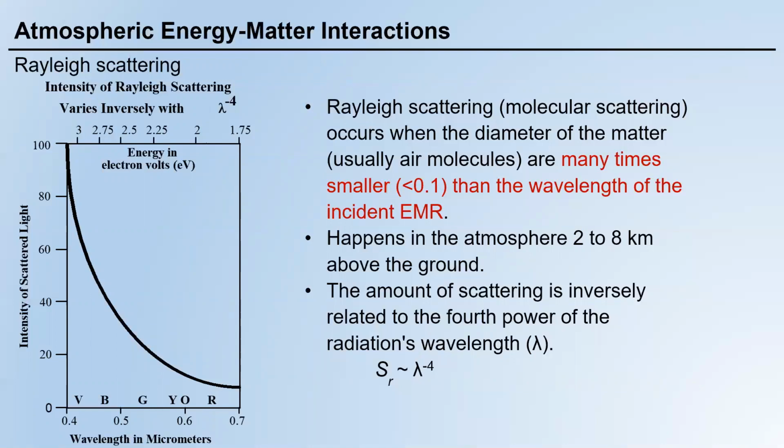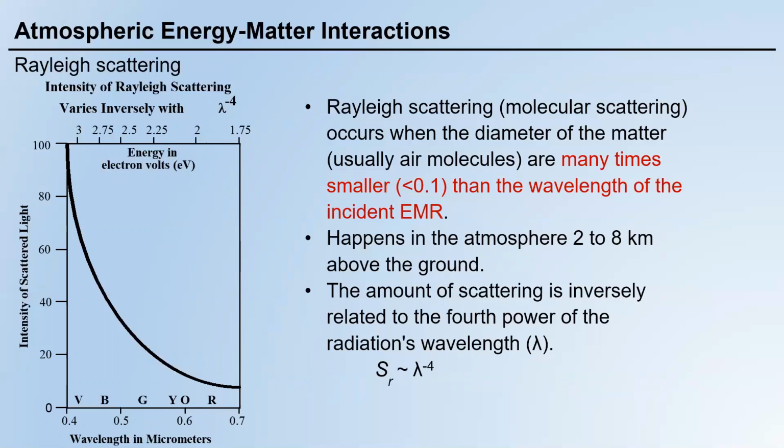The strength, or the amount of scattering, is inversely related to the fourth power of the radiation's wavelength. You don't have to memorize this, but next time when you hear this term, Rayleigh scattering, you should know that this is the reason why the sky of the Earth is blue.